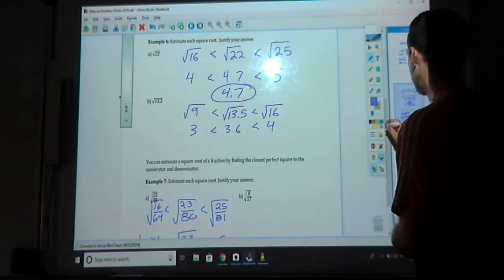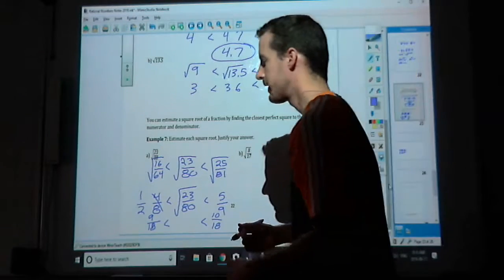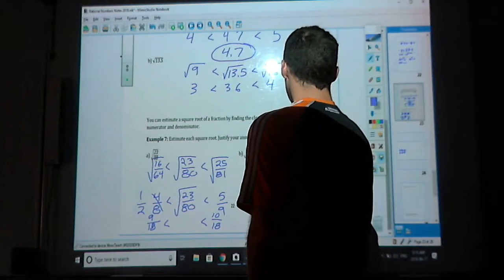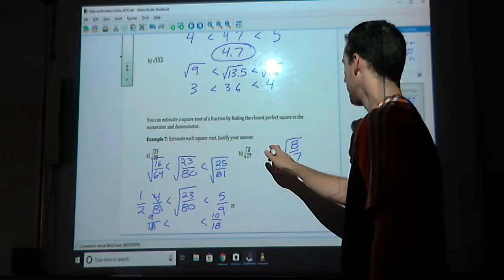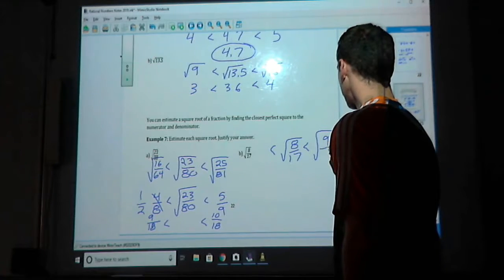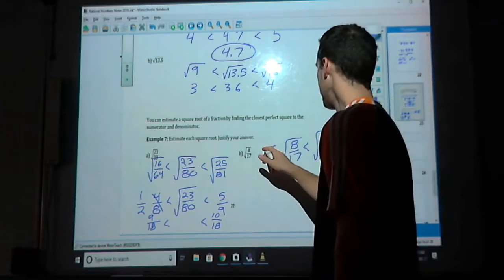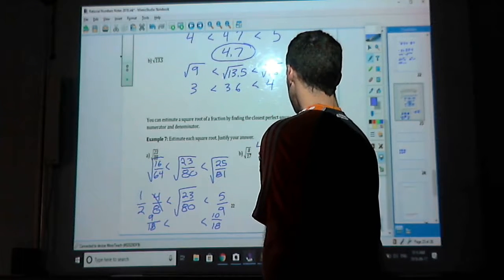Okay, so let's go back up. We're going to look at our last problem and hopefully solve it the same way. Okay, so here we go, square root of 8 over 17, okay, and that's somewhere in between 9 as a perfect square and 25, and over here we end up with 4 over 16.